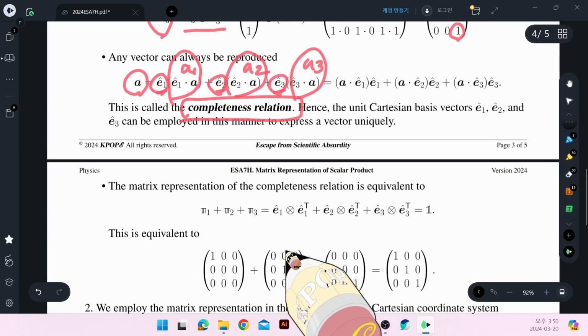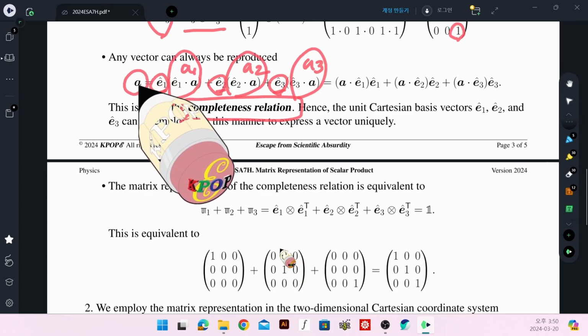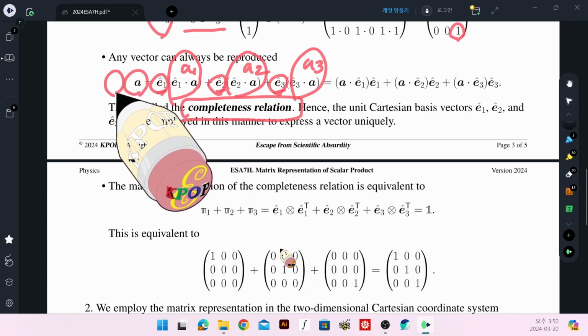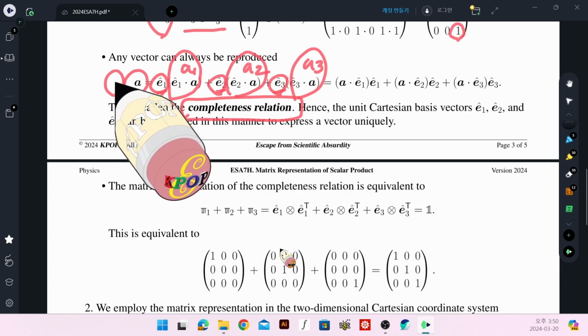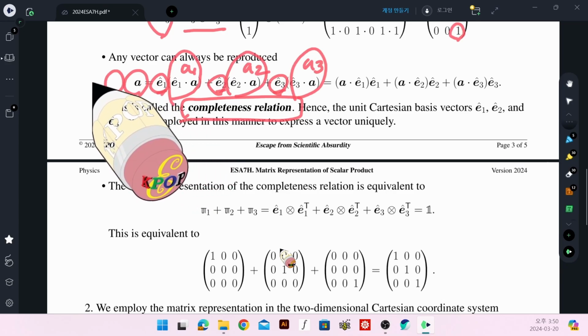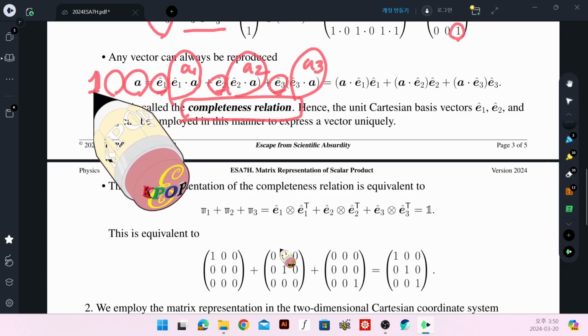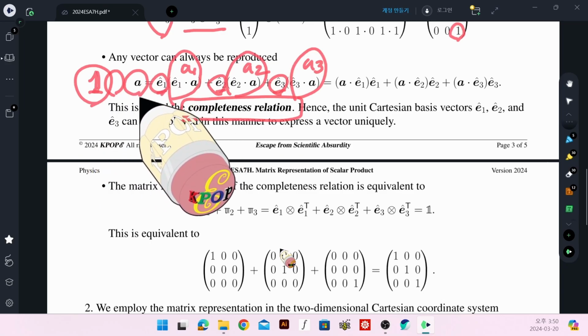This is called the completeness relation. Actually, what we want to do is apply some operator that does not remove any element of a three-dimensional vector, multiplying by the unit identity matrix, which does not transform the vector at all.